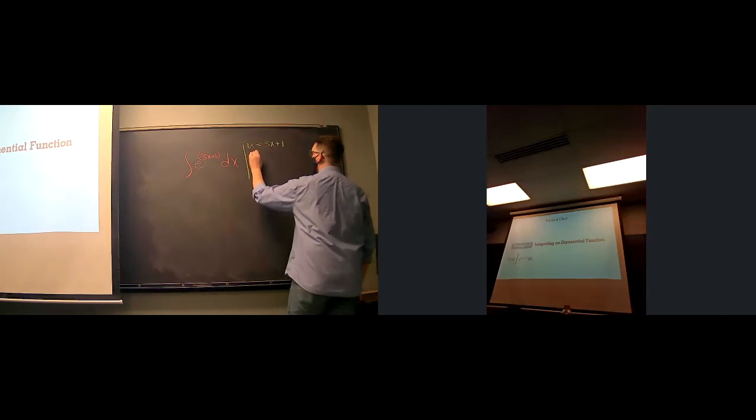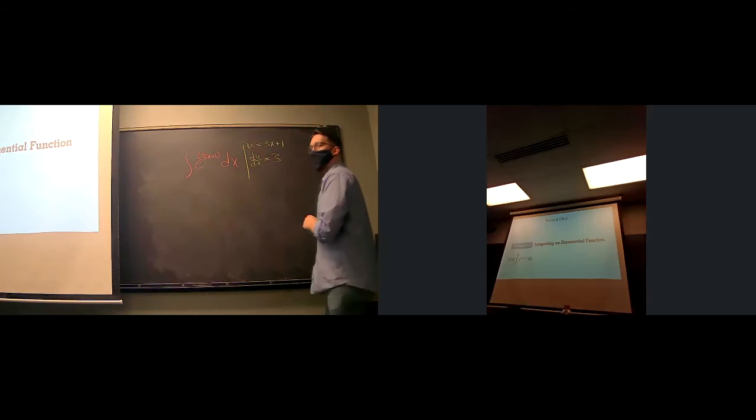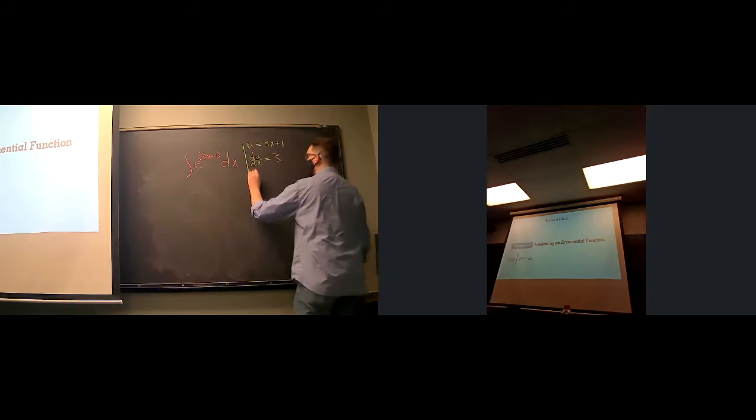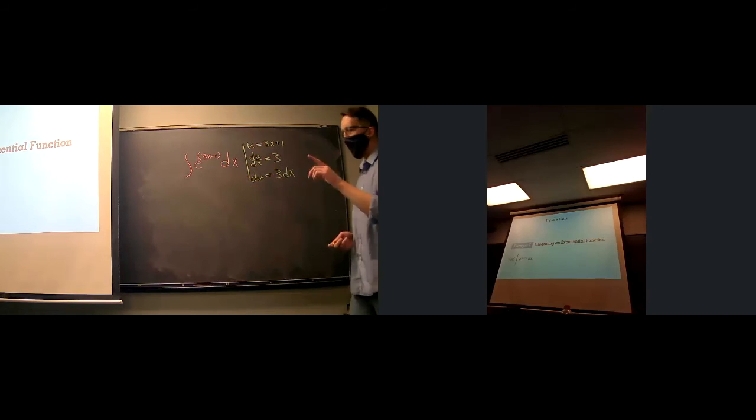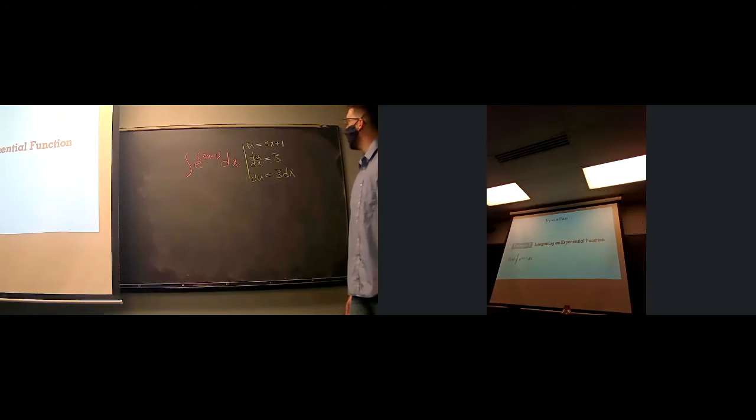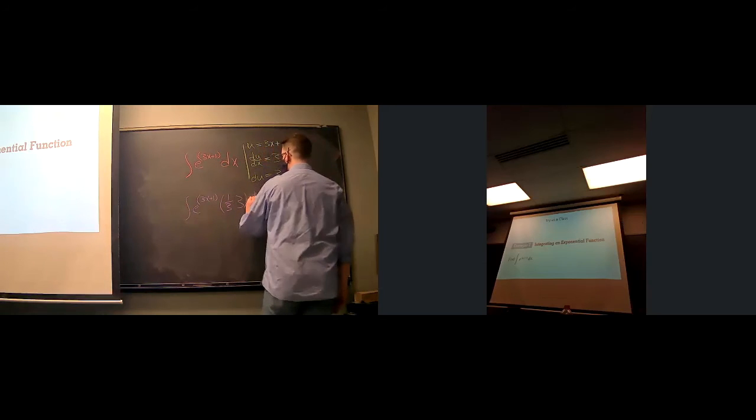So our du dx is going to come out to be just 3, and our du is going to come out to be 3 dx. We don't have a 3 dx here, but we can multiply by 1 and force it to come out. We can rewrite this as e to the 3x plus 1 times 1 over 3 times 3 dx.